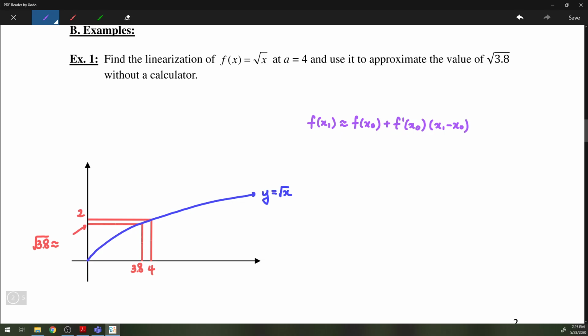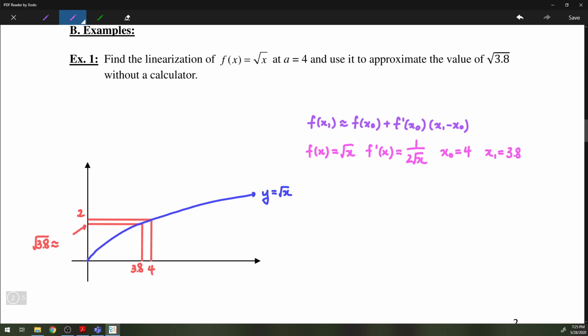Okay, so in this example here, f of x, of course, is the square root of x. If we take the derivative, f prime of x would then be 1 over 2 times the square root of x. X naught in this case is 4, and x1 is 3.8.